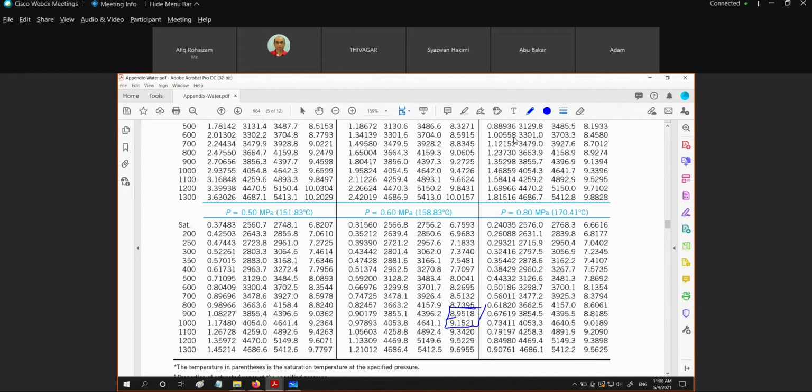This will give you the H2. Try to interpolate it at 0.6 megapascal, with your S, then we need the H2. Oh, sorry, not this one.